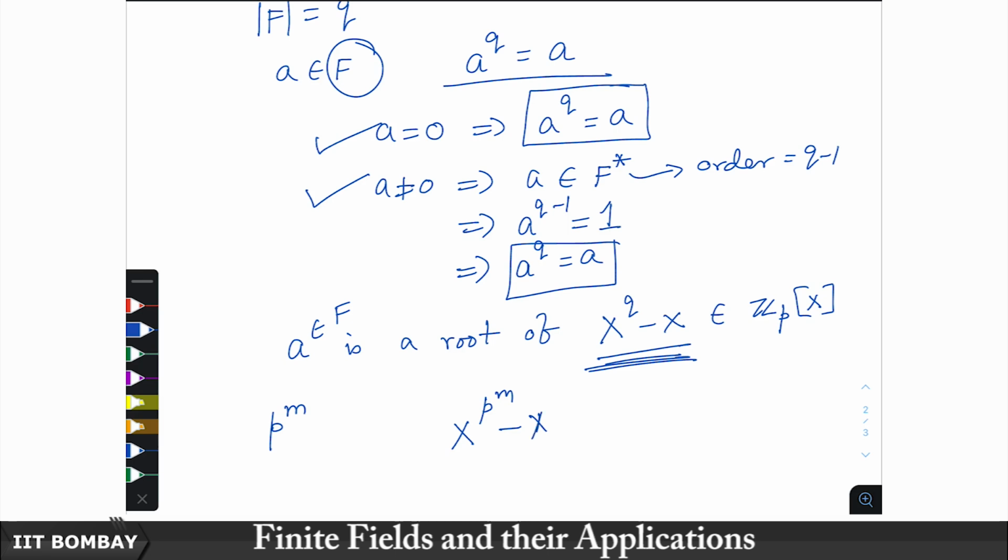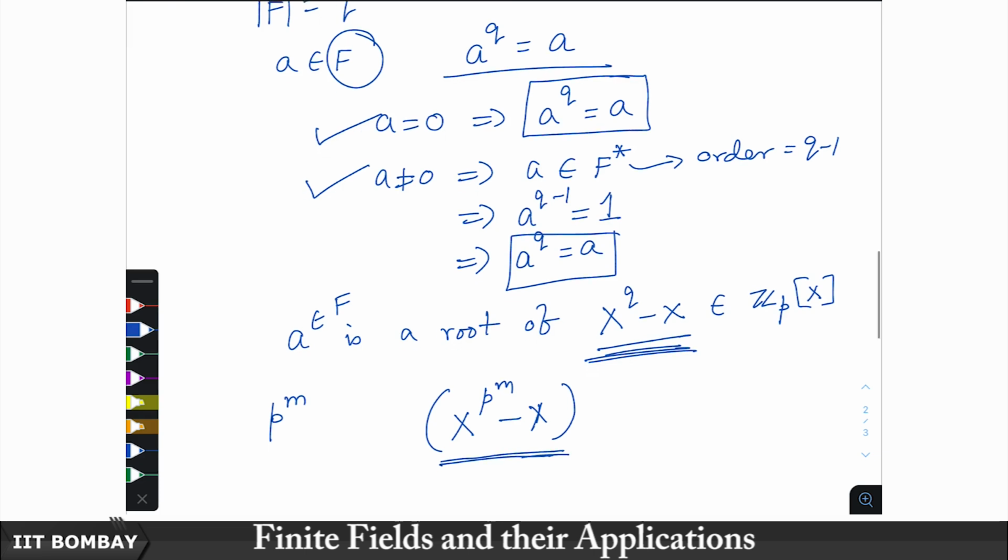This is exactly what we will prove: if you take any prime number p and positive integer m, then take this polynomial, there is a splitting field where it has all its p power m roots, and we will show that those roots are distinct, and those roots themselves form a field of exactly p power m elements, and that is exactly the splitting field of this itself. So, this is what we will show.